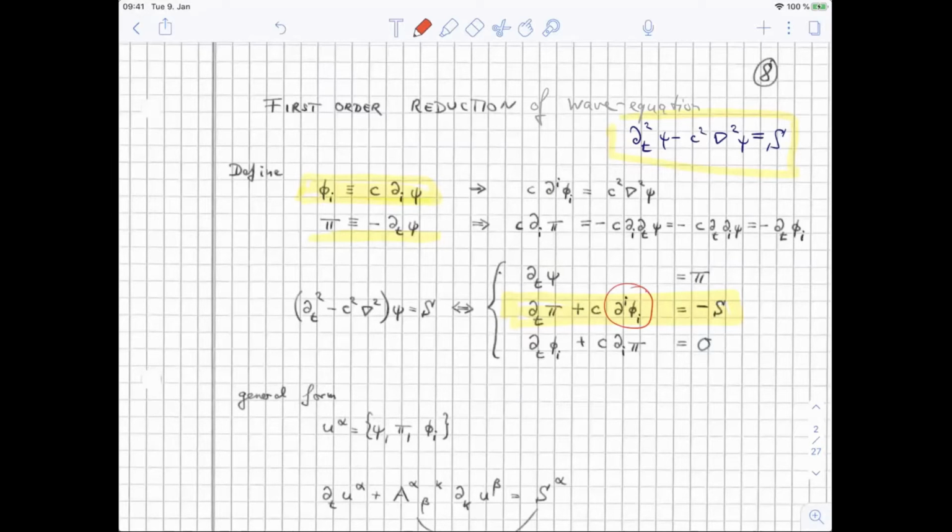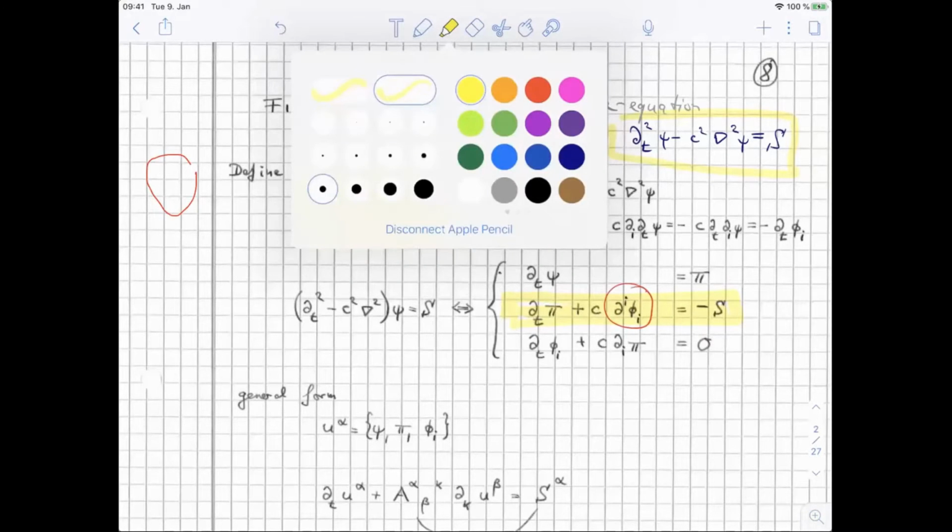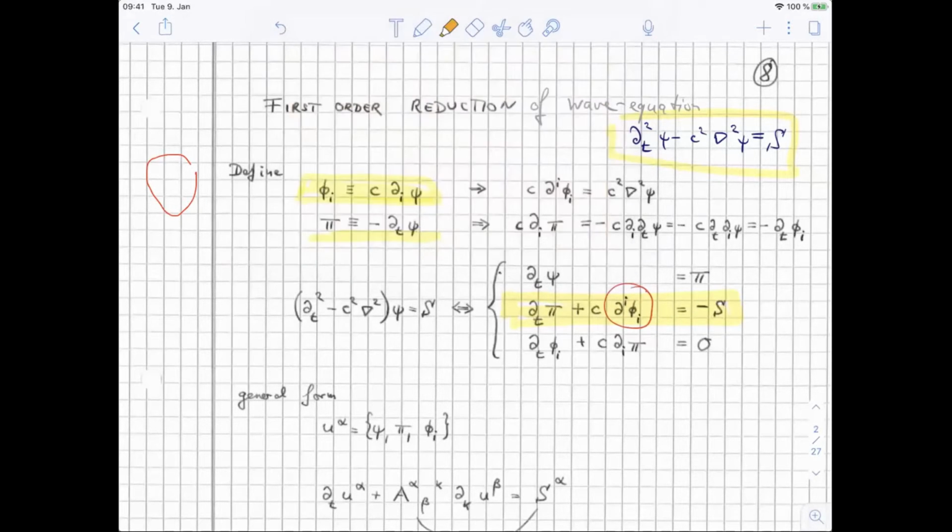The simple one is the equation for pi, which was the original wave equation. Another quite simple equation is the equation for psi, and that is simply the definition of pi. If pi is the first time derivative of psi, well then by definition, the first time derivative of psi must equal pi.